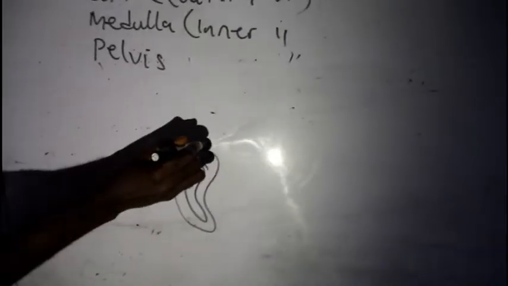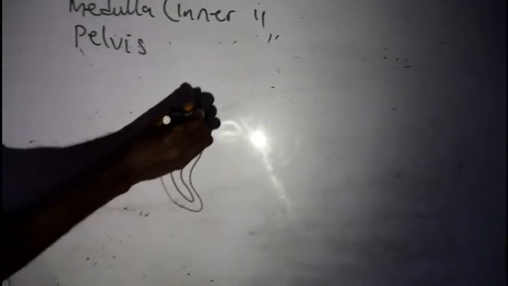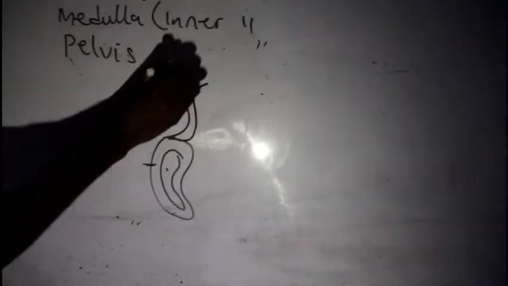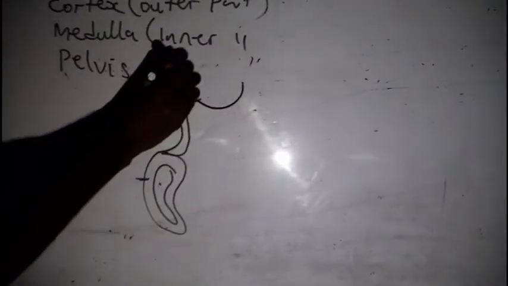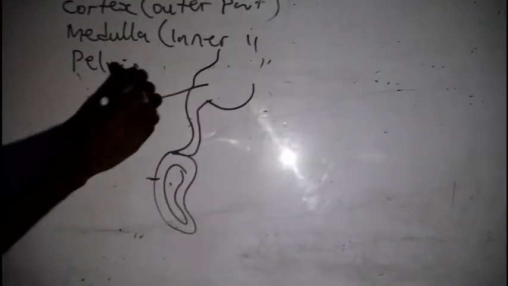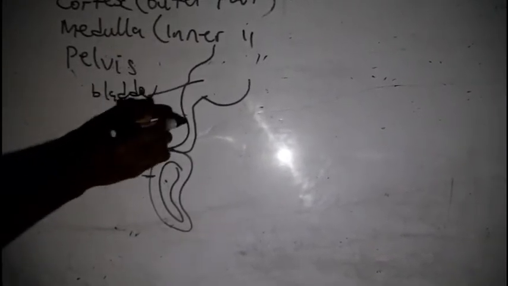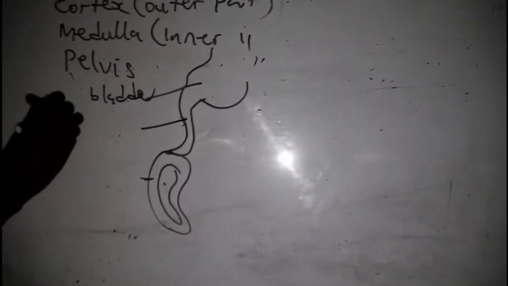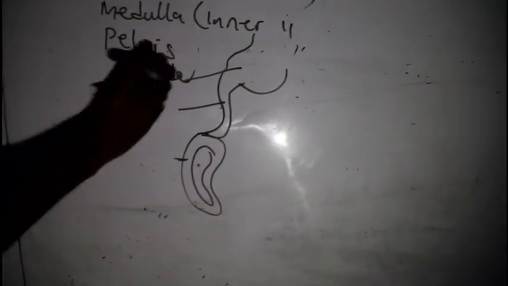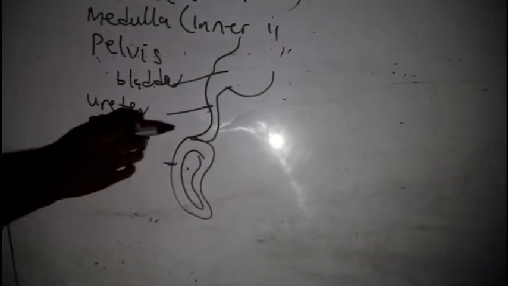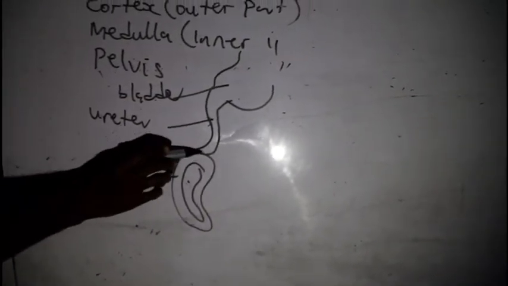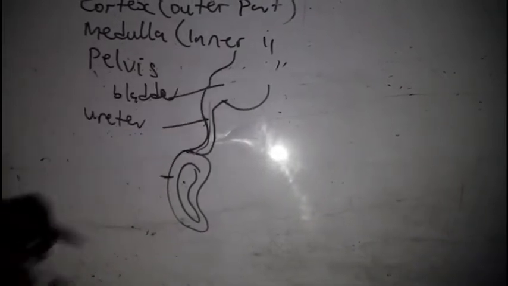So the cortex links the kidney through a tube into a bag-like structure. That bag-like structure is what we call the bladder. And the tube I'm talking about is the ureter. So from the cortex, the kidney produces a tube that links to the bladder.